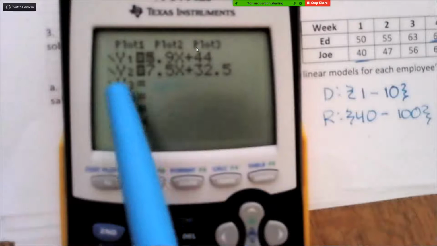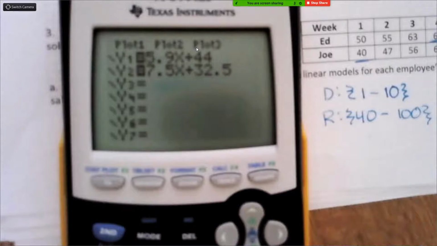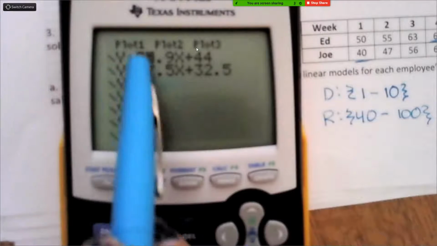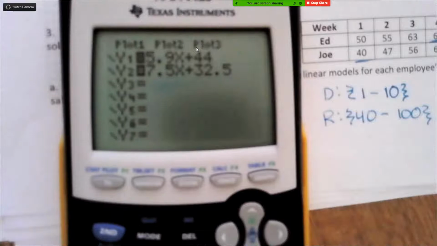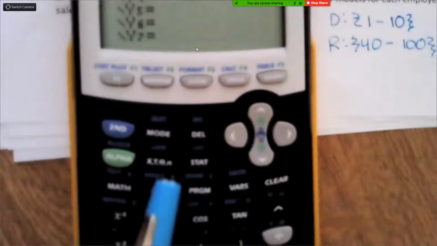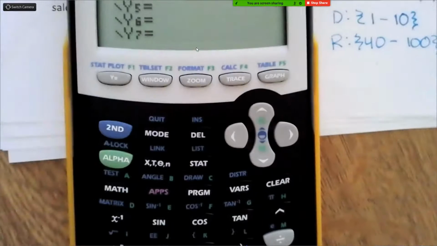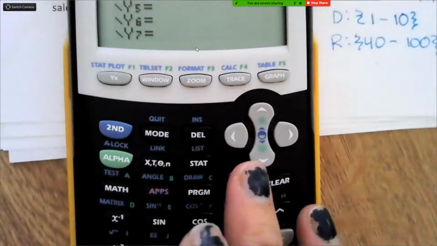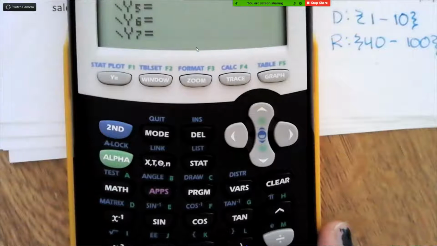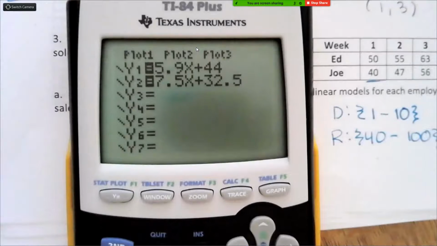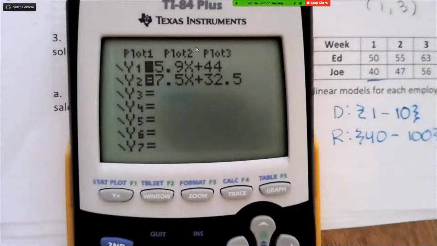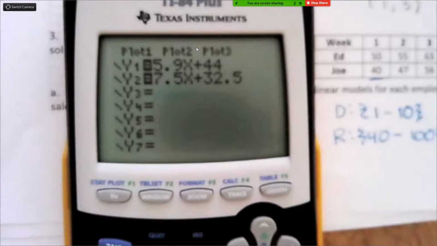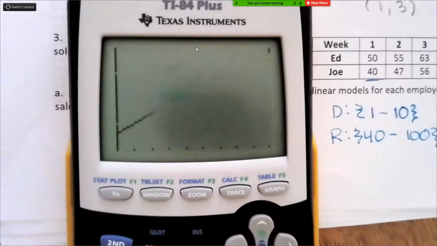If plot's darkened, turn it off. So you just go up and hit enter, and if these aren't darkened, you go to them and hit enter. And you hit the X key below mode, not down here. Mine works now because the plot was darkened. Okay. I clicked the right tab.